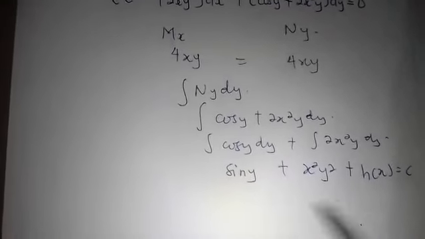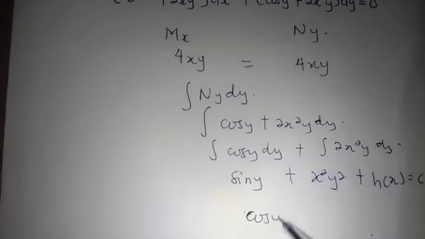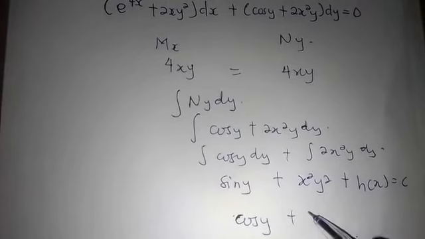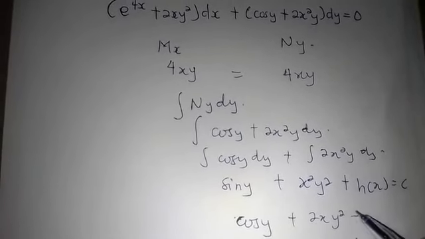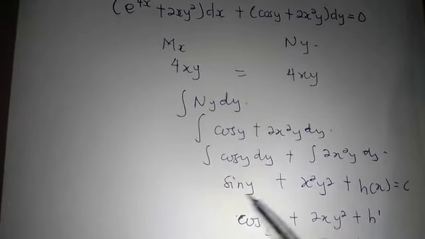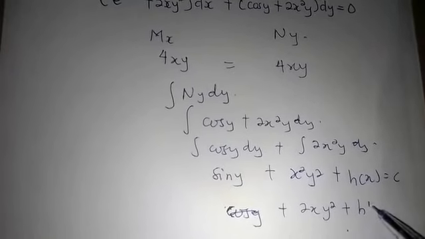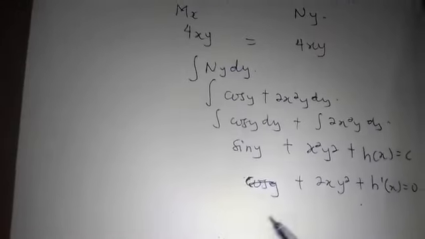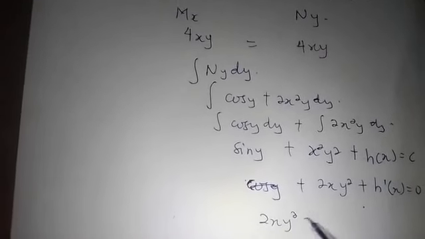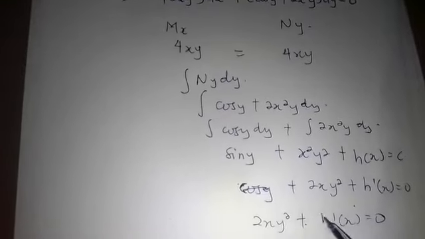Differentiating this whole expression, sin y becomes 0, so I get 2xy^2 plus h prime of x is equal to 0. When I compare this to the dx term, I can see that my h prime of x is equal to e^(4x).